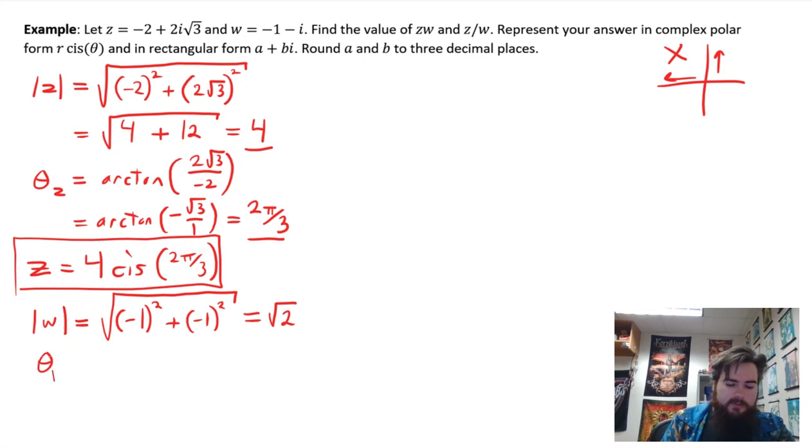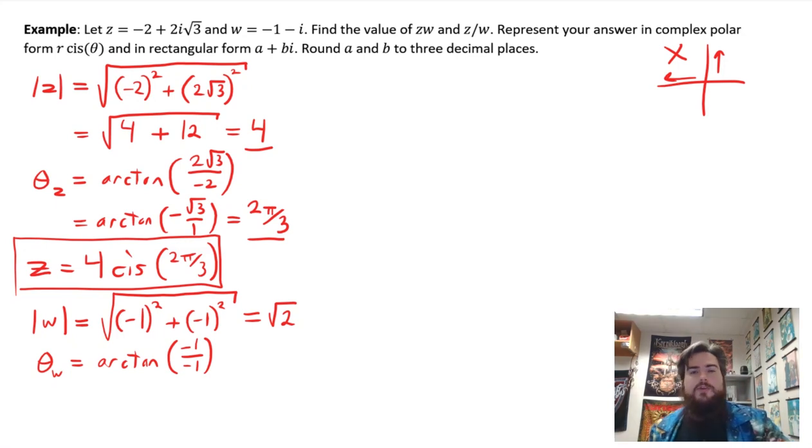The argument for w, using arctan of the imaginary over the real, would give me an angle measure in quadrant 1 if I were to use a calculator to evaluate that. But for negative 1 comma negative 1, that means that I have a negative real and a negative imaginary. So w should be down here in quadrant 3.